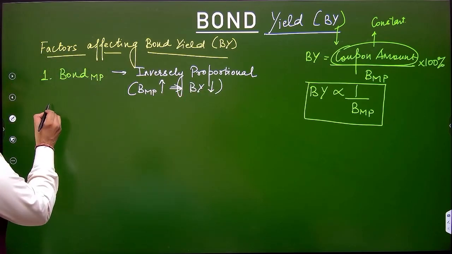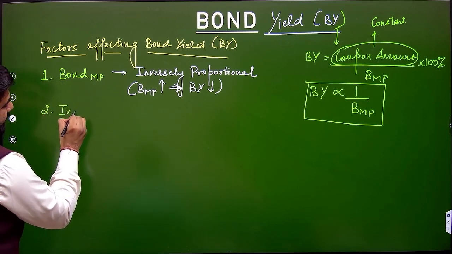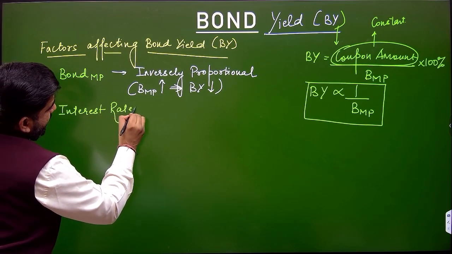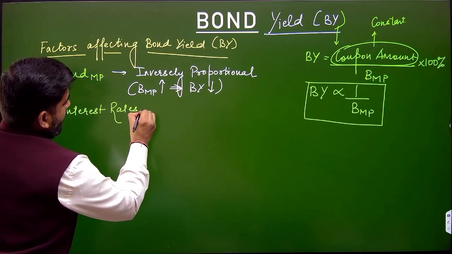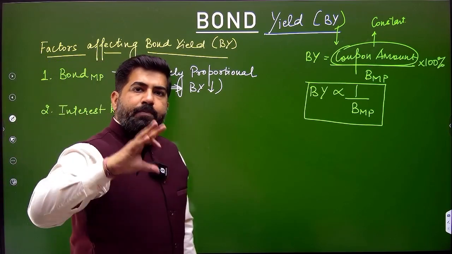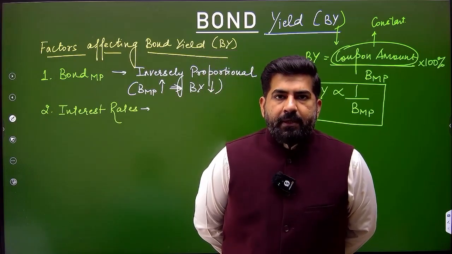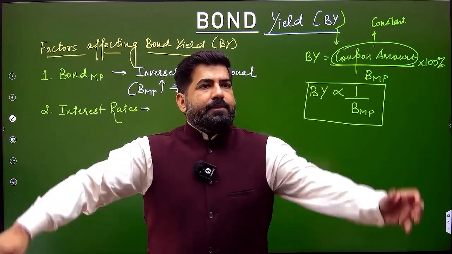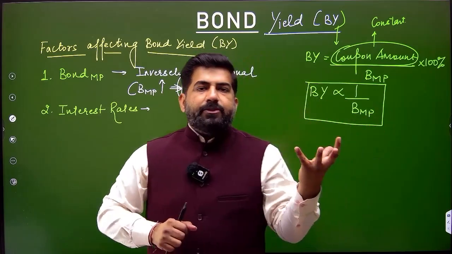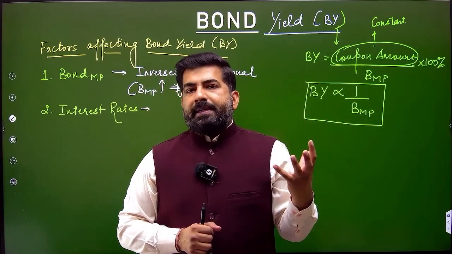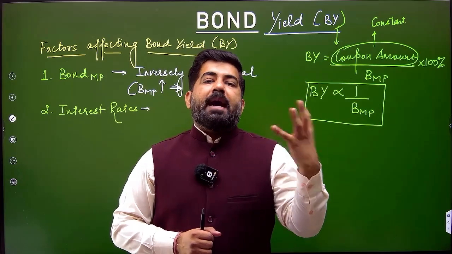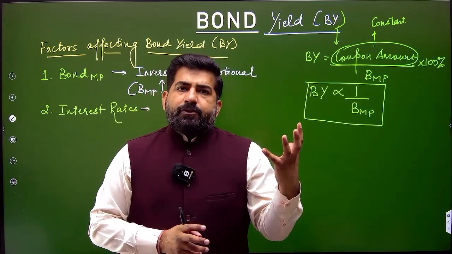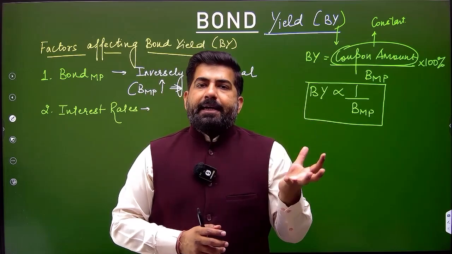Second is interest rates. Now, what I mean is, how is bond yield linked to the interest rate? Let me ask you, suppose there is one set of instruments which provide you a market determined interest rate.